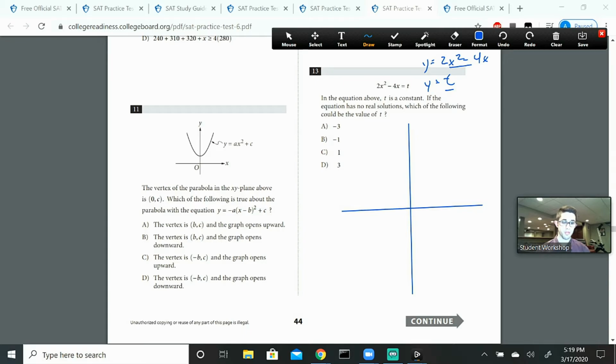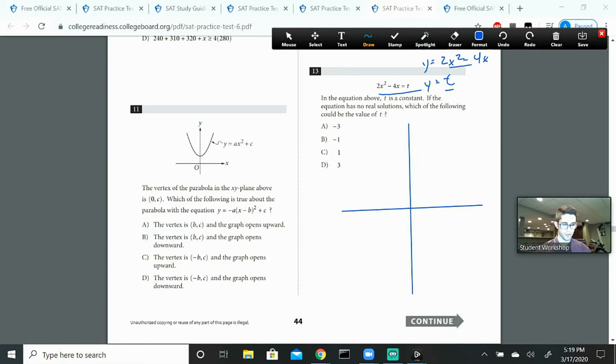When we set them equal to each other, we're essentially looking for their intersection points. If we want them to have no solutions, then we want them to never intersect. And since y equals t, and t is a constant, it's just going to be a horizontal line. We can look for values where the horizontal lines would not intersect with our parabola.